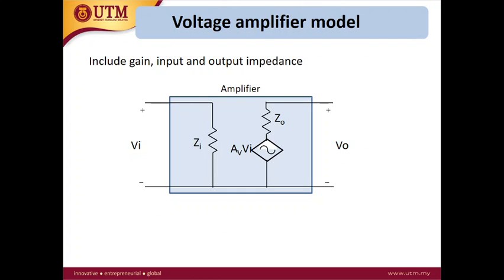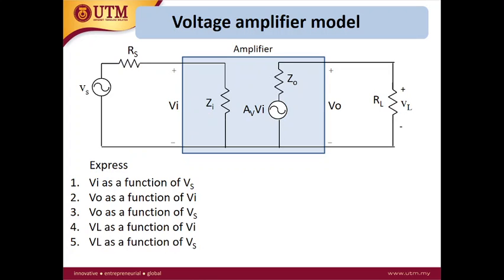Okay, now we have the complete amplifier model for a voltage amplifier. We have the input impedance, then the dependent AC source to represent the amplification, and then the output impedance. This is the complete connection with the source and with the load.